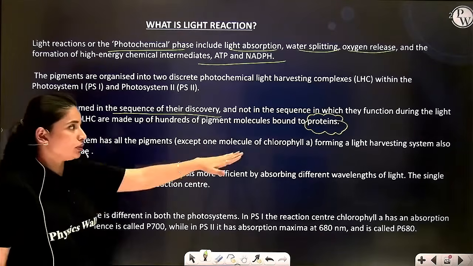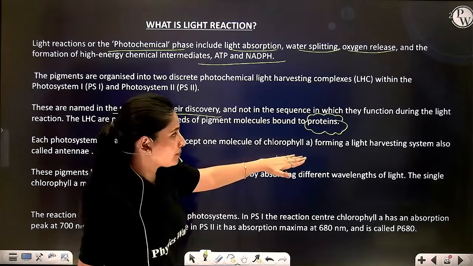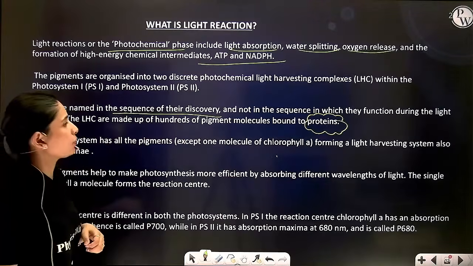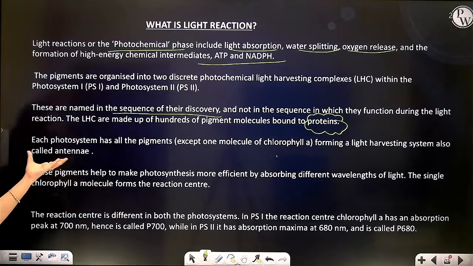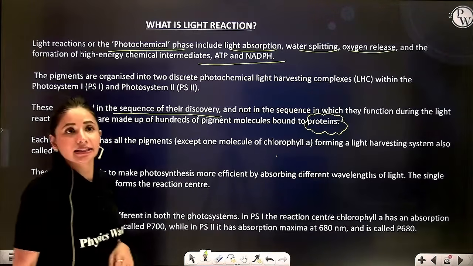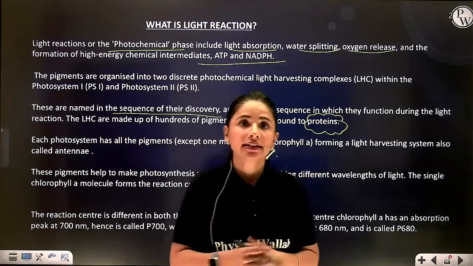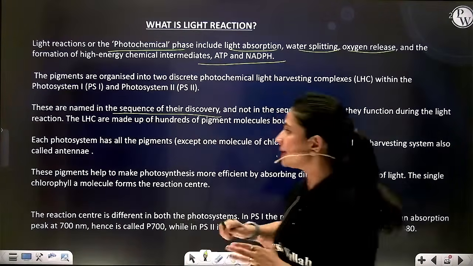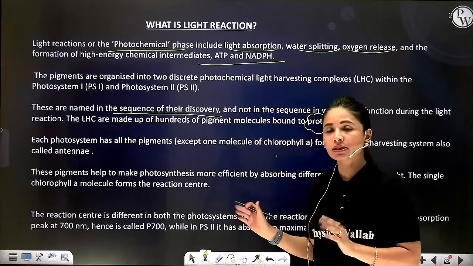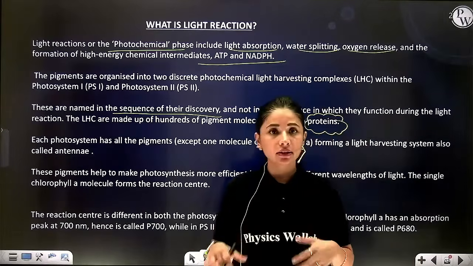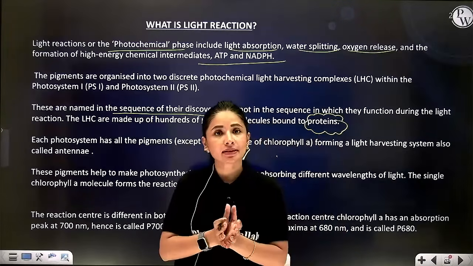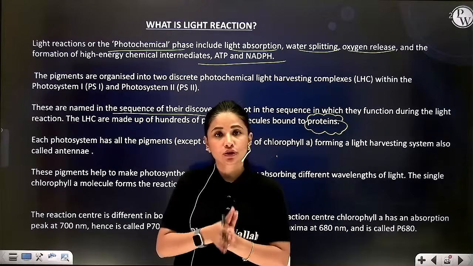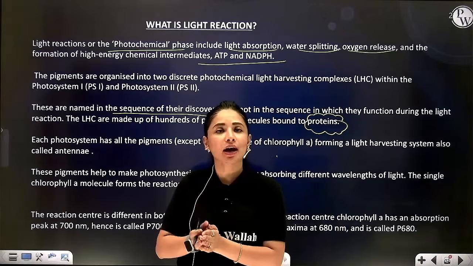However, there is only one chlorophyll A forming a light harvesting system, also called antenna. Correct? Have you understood this? That each photosystem consists of one reaction center and a number of accessory photosynthetic pigments which are known as light harvesting complex.